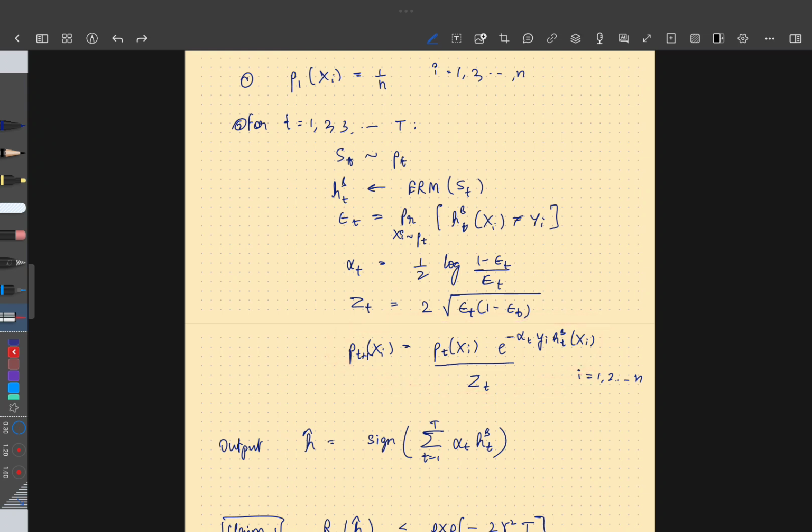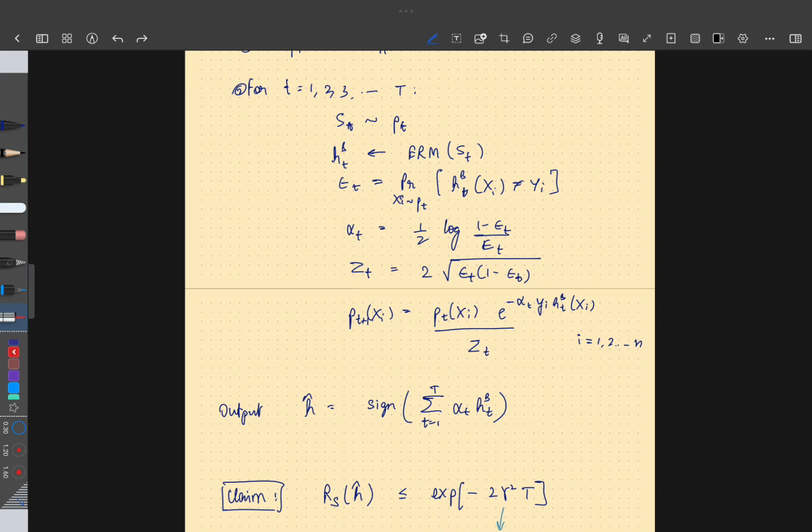Finally, at the end of, let's say, capital T steps, you have a bunch of base classifiers, h_1, h_2, h_3 up to h_T. And the final classifier is just the sign of a linear combination of these base classifiers that we constructed at each step.